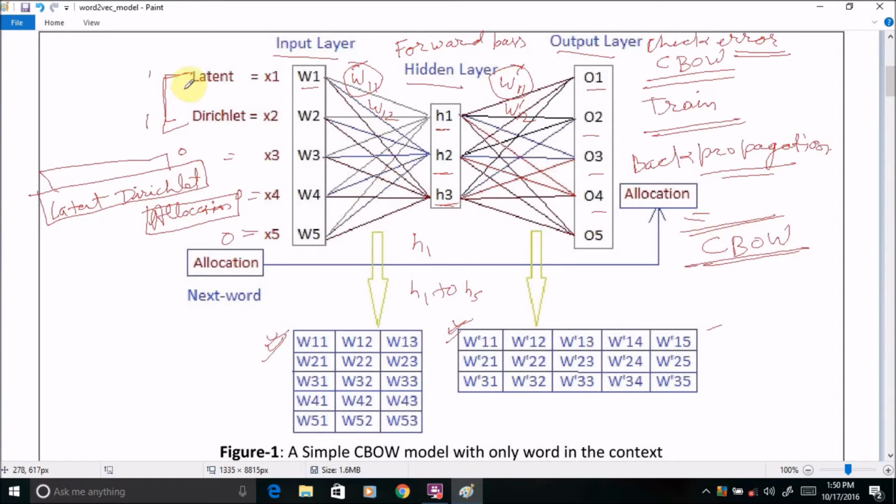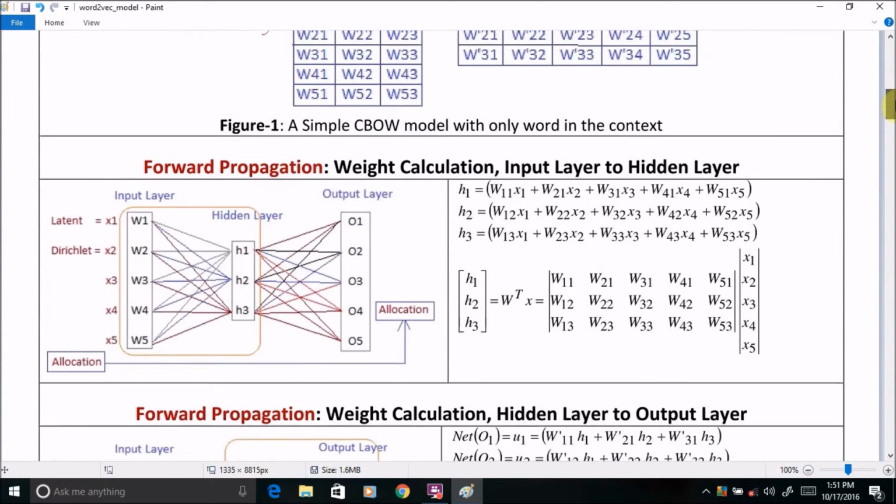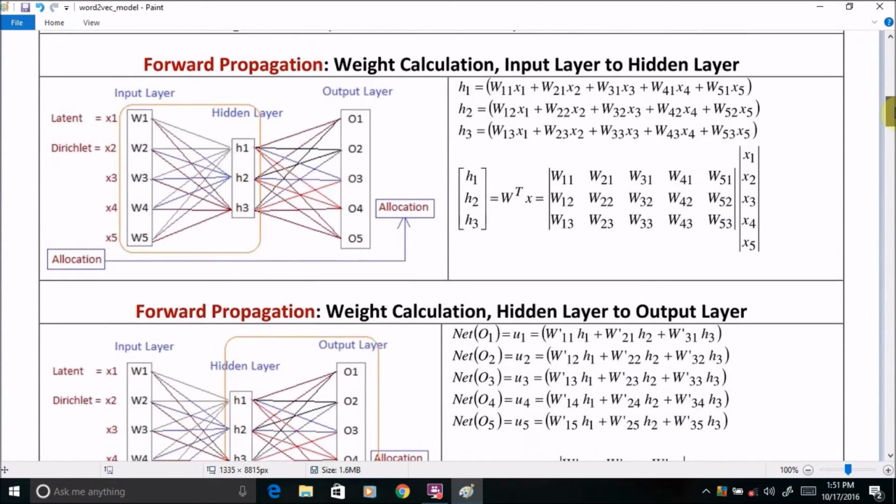As we discussed here, when we pass the latent and Dirichlet as input, then it will automatically give the high probability score to allocation as a next word for our context which contains latent and Dirichlet. So now let us see in a step-by-step fashion how we can train the CBOW based model.